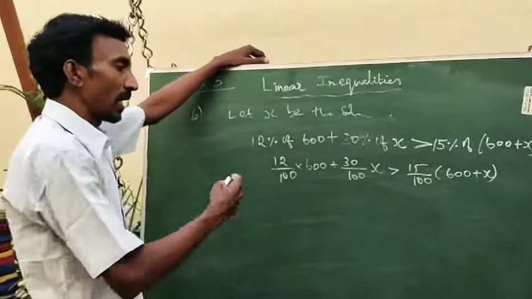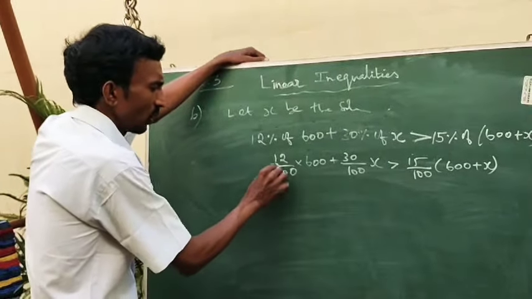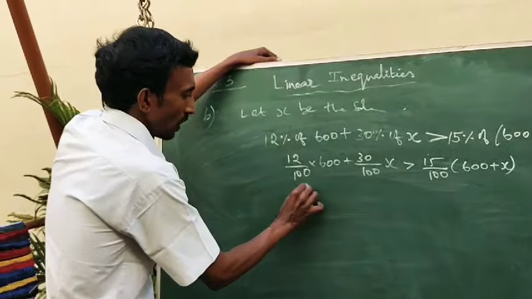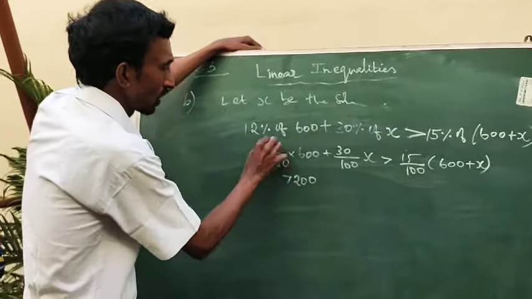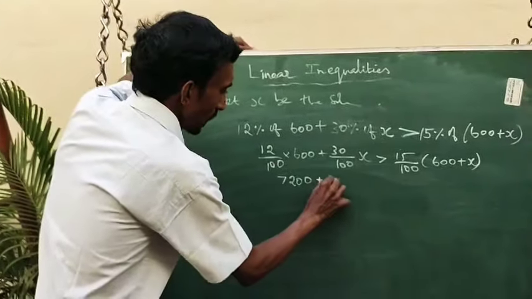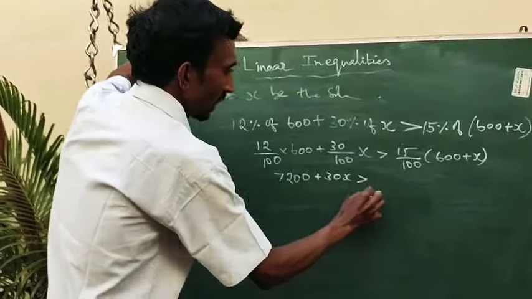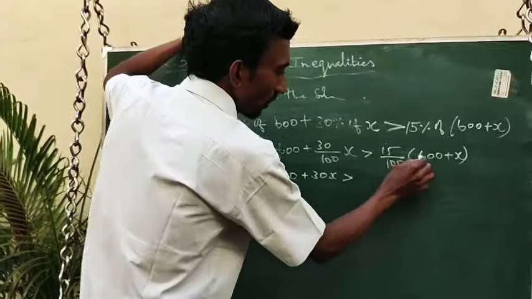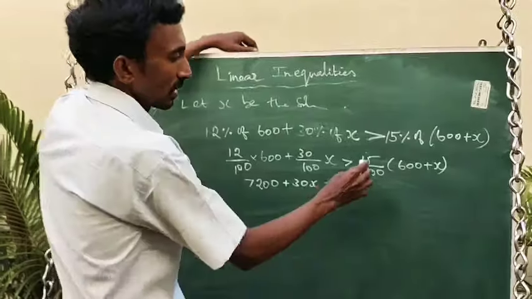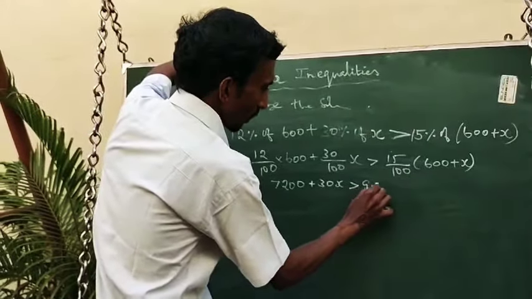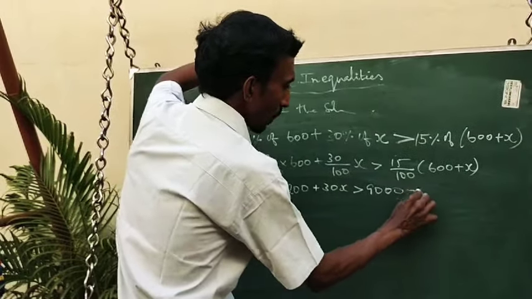So multiply by 100, the inequality does not change. So 7200 plus 30x greater than 50 into 6, 300, plus 50x.